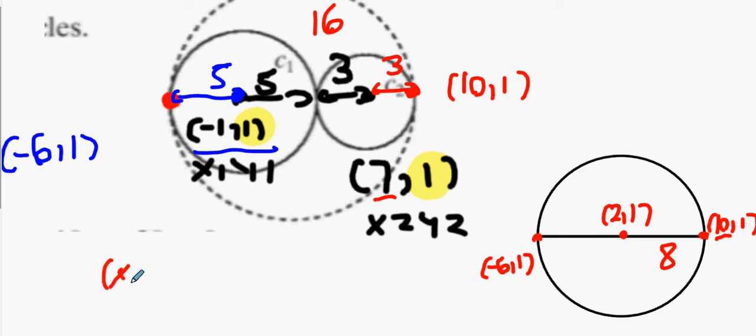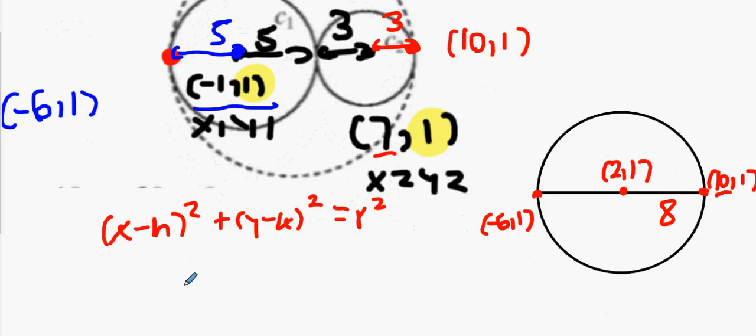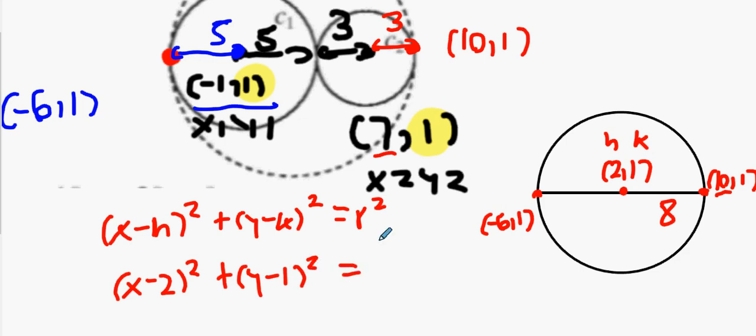So therefore, to get the equation of the circle, we can just use this here. That's h and k. And radius squared is 8 squared, which is 64. Anybody get it out?